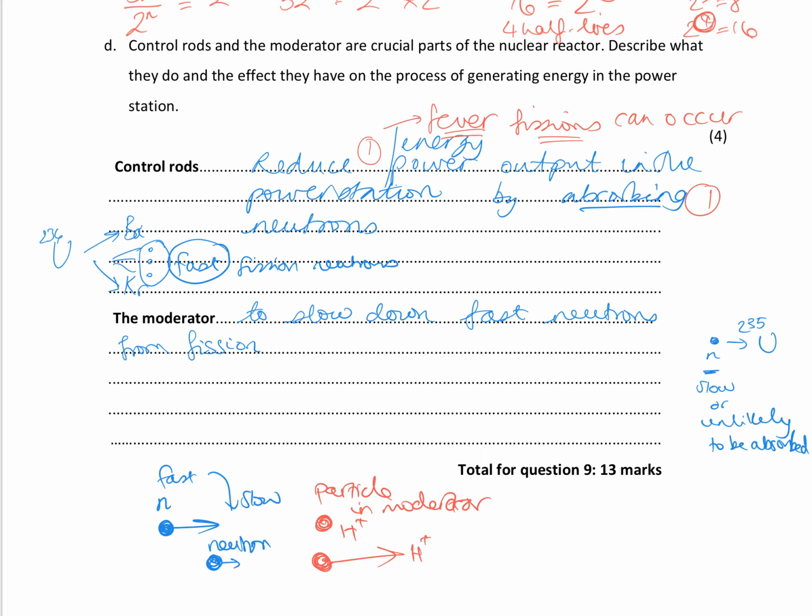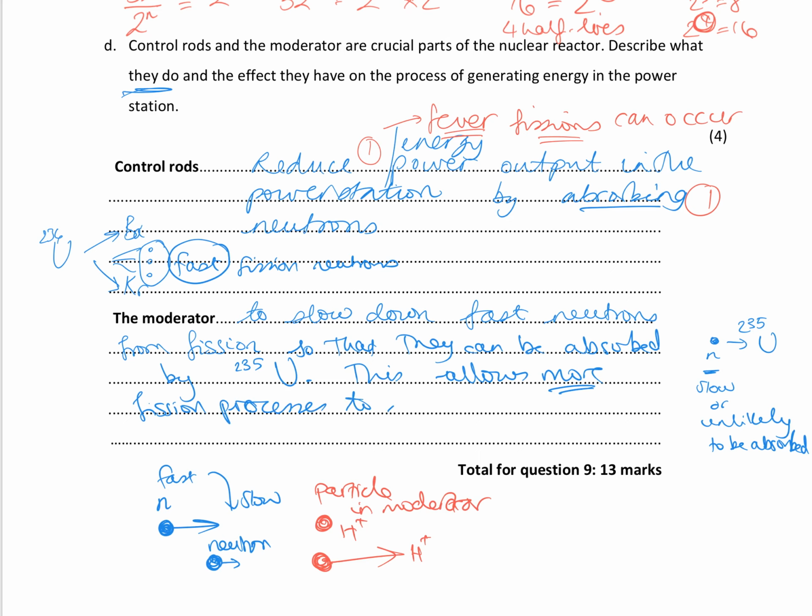Now, what's the net effect of this? So we've discussed what they do. They slow down the fast neutrons from fission so that they can be absorbed by uranium-235. This allows more fission reaction, fission processes to take place.